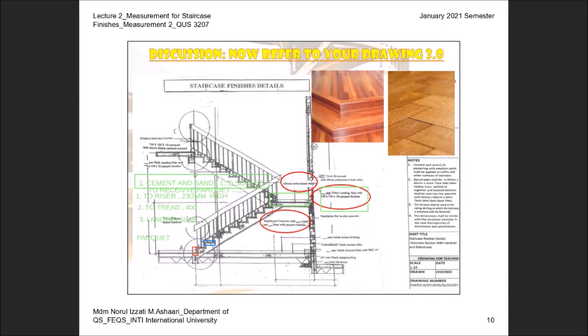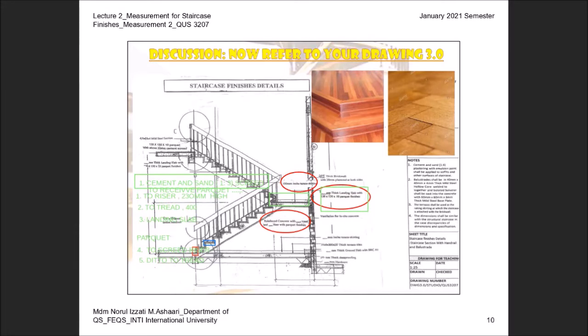You can copy what you have measured in the first item, the second item, and the third item. You can write here screeded riser. Then number 5, copy again, the word screeded can be similar, right? So you can write detail to tread. And then number 6, you can write down screeded as well, so you can use the word detail to landing slab.